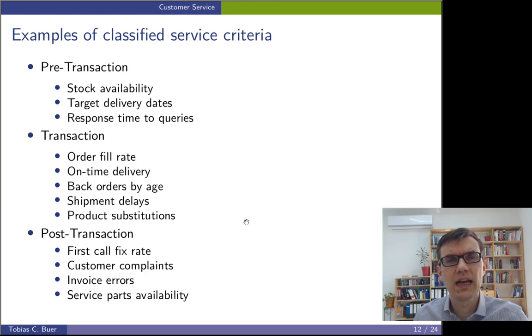Of course, the actual delivery time might change depending on the circumstances, but if you already know you have to wait for 4 weeks until the order arrives, maybe you will not even place the order. If you know, on the other hand, that the order will be at your villa after 2 days, then it's much more clear, and the target delivery time plays a big impact on the pre-transaction services.